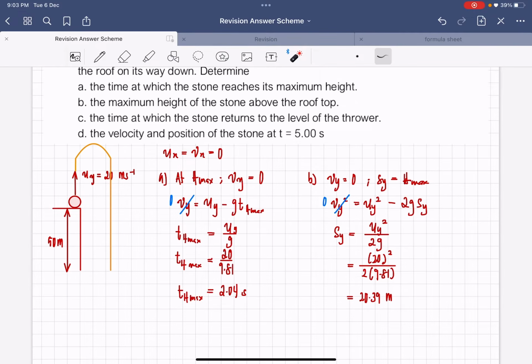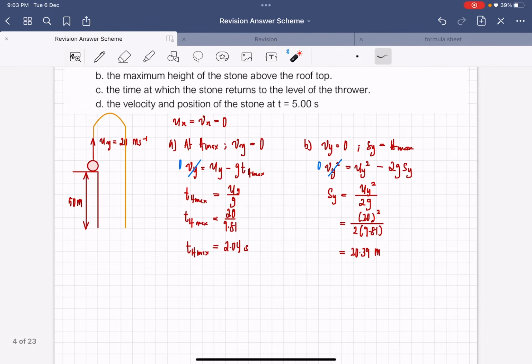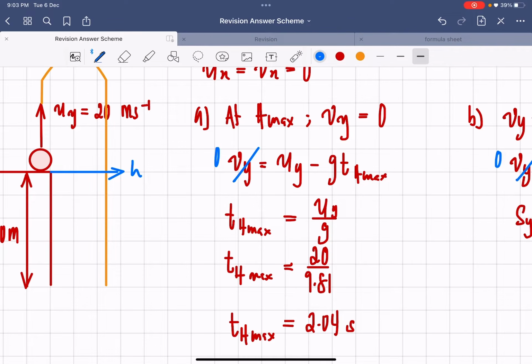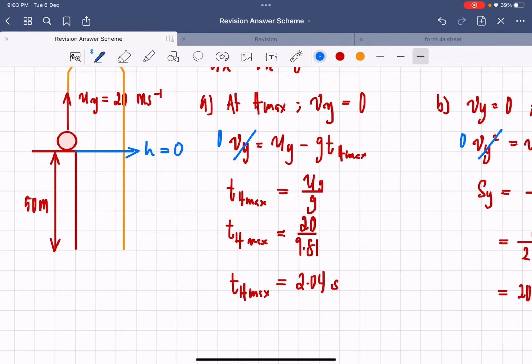Okay, right. Next, the time at which the stone returns to the level of the thrower. For this case, you have to let this part here be equal to 0. What is equal to 0? Your h or your Sy equal to 0. So basically this is the reference line.